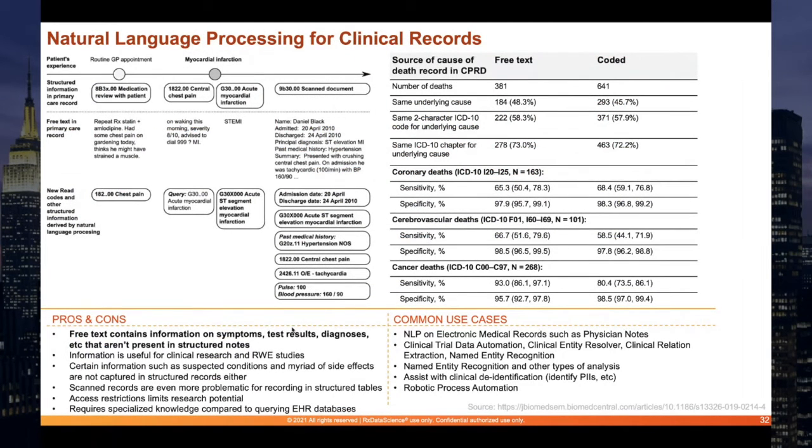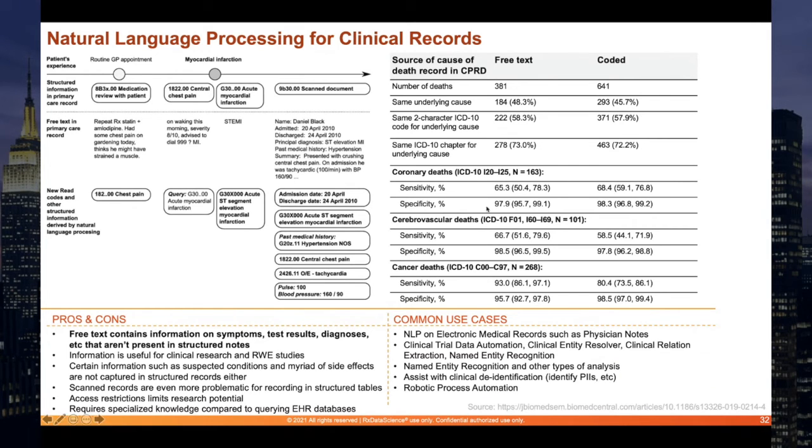The third topic here is NLP for clinical records. Free text contains information on symptoms, test results, and diagnoses that aren't present in structured notes. So NLP is also a very popular methodology in machine learning to query clinical records and build predictive models.